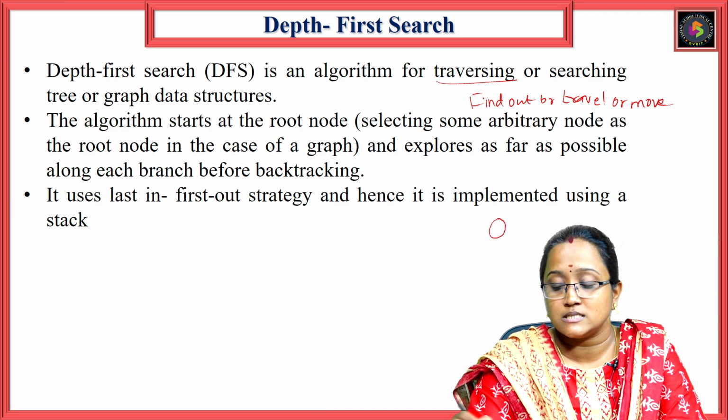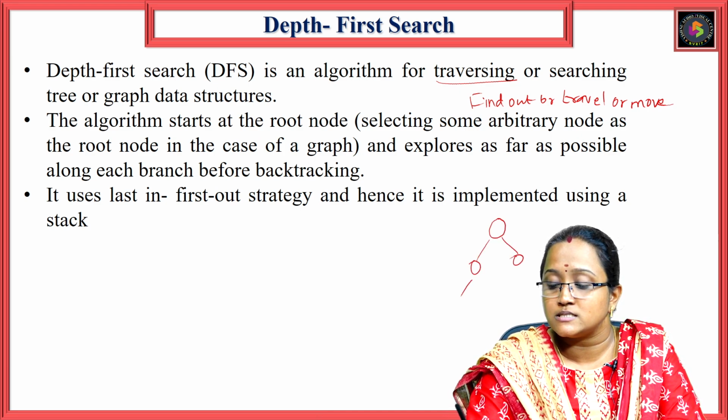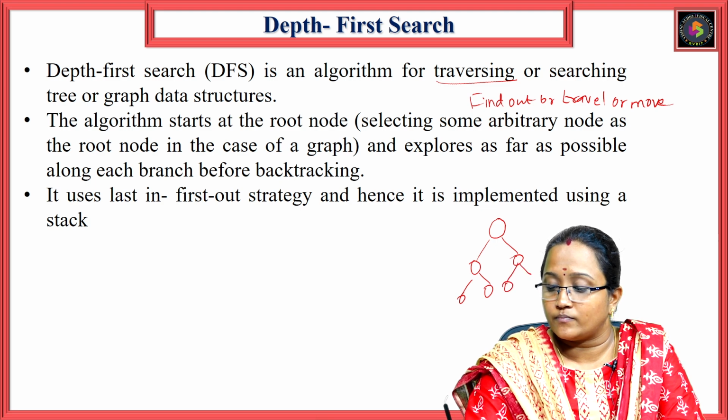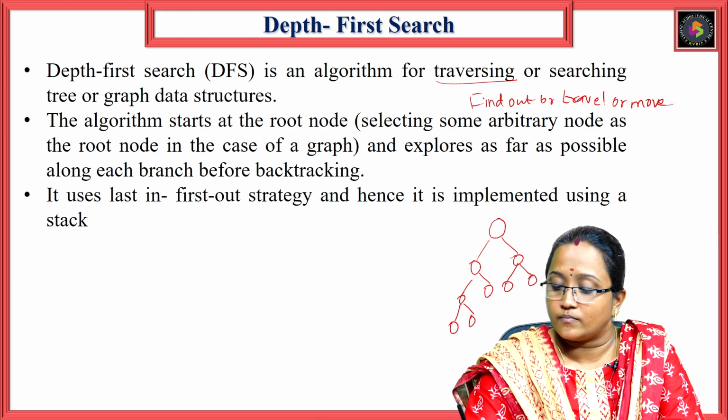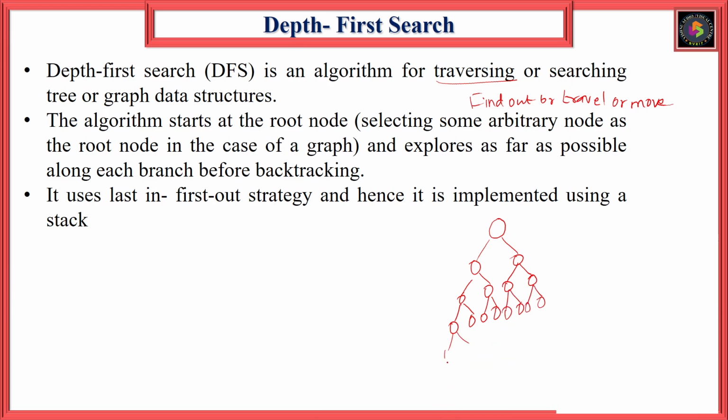Suppose this is our start state and these are all the successor states. Suppose the graph is like this. First, you are going to move from the start state. This is our start state. Suppose we can say this is our goal state. So we have to find the goal state from the start state.